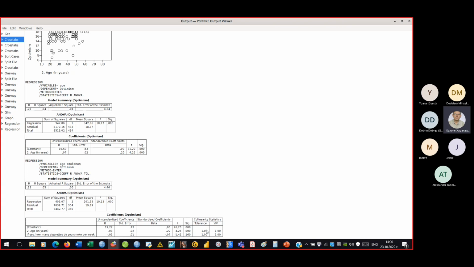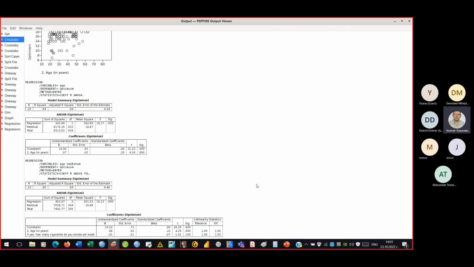So in our case, 100% of the variance of age is not explained by the number of cigarettes per week. And of course, also 100% of the variance of the number of cigarettes per week is not explained by age.